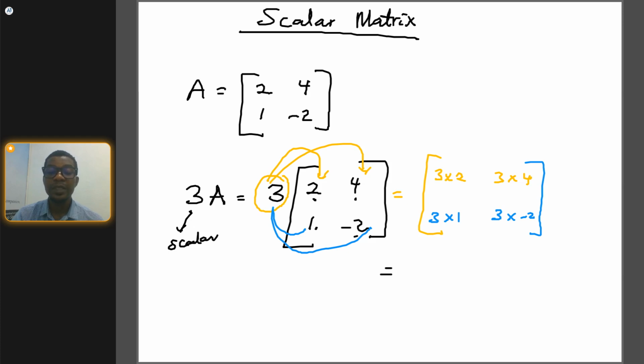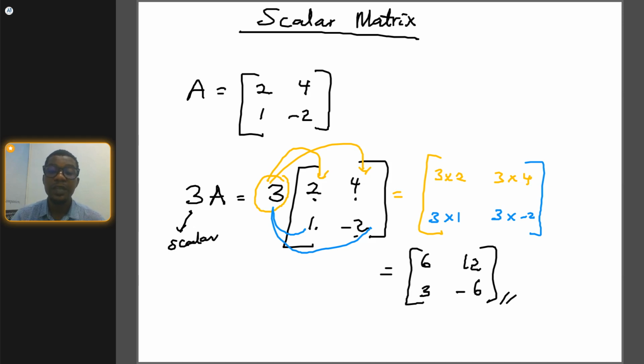So 3 times 2 is 6, 3 times 4 is 12, 3 times 1 is 3, and 3 times minus 2 is minus 6. This is the scalar multiplication. The answer is 6, 12, 3, minus 6.